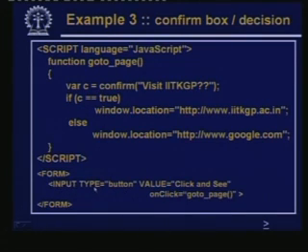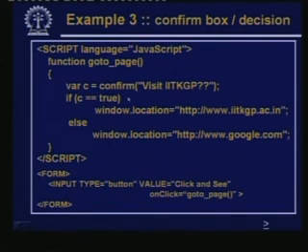There is a single input of type button. The label of the button will be "click and see", that is the value, and on click event I am specifying that you would be invoking the goToPage function. So, whenever you click the mouse on the button, you will be invoking this particular function.